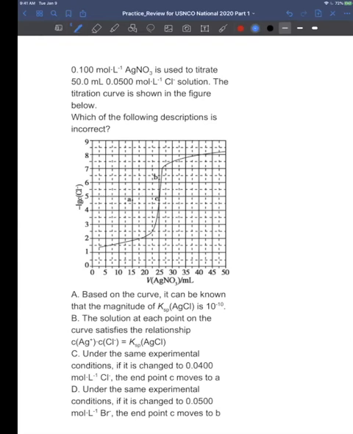The y-axis here is the negative logarithm of chloride. Are you asking about this? So it is the free chloride concentration in the solution.